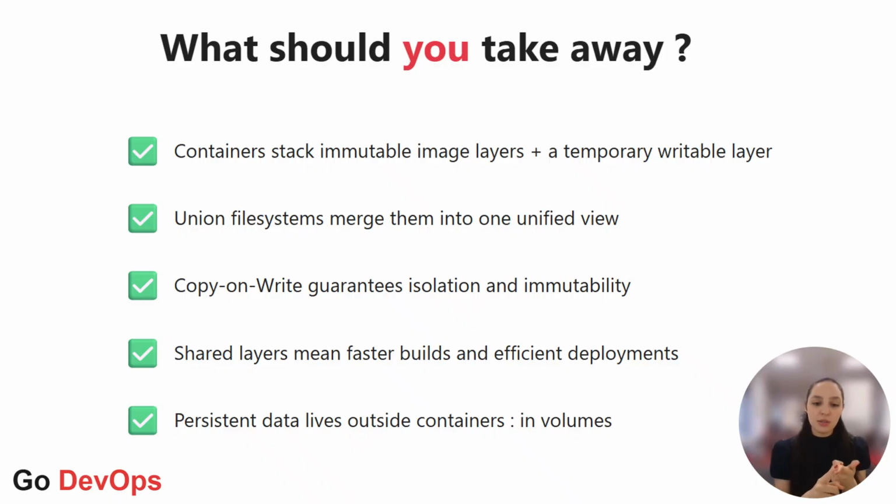Builds and deployments become incredibly efficient, and you don't have to rebuild or re-download everything, because only the layers that changed are going to be rebuilt or redeployed. And that's the reason why pipelines can now ship software in seconds instead of minutes.